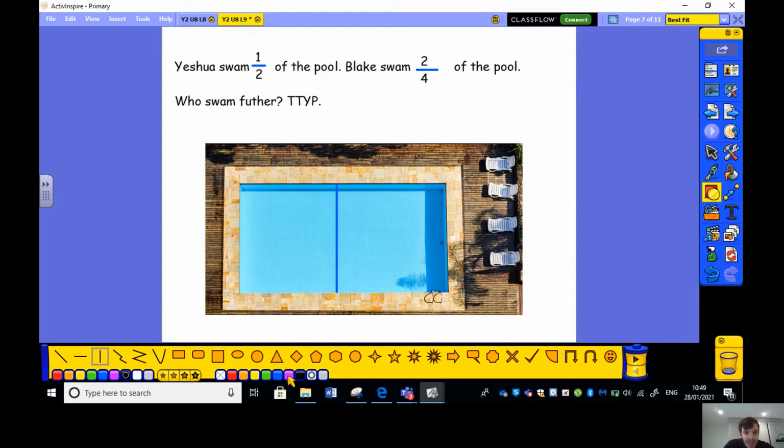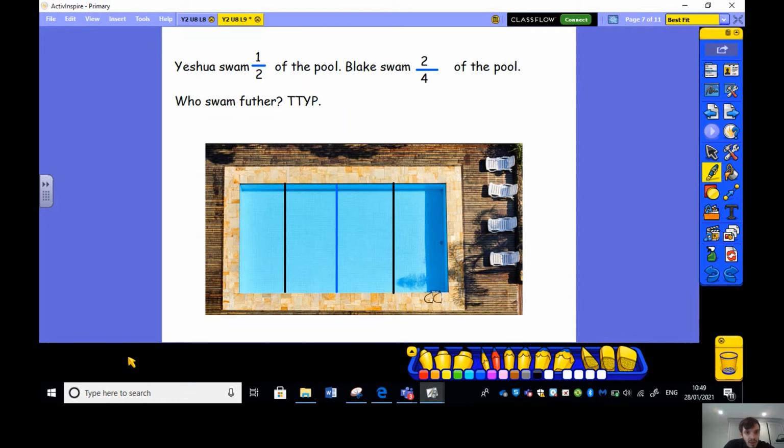If Blake swam 2 quarters, where I split my pool into now 4 equal parts, he swam 2 quarters. Well, here's 1 quarter. And here's my 2nd quarter. He swam up to the blue line.